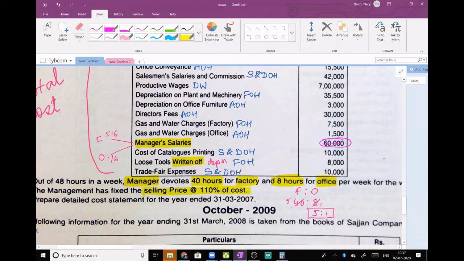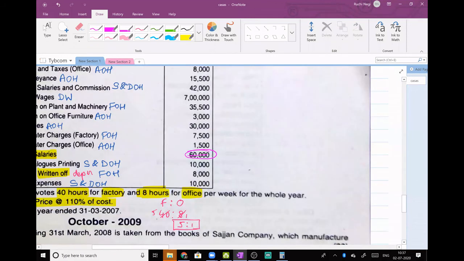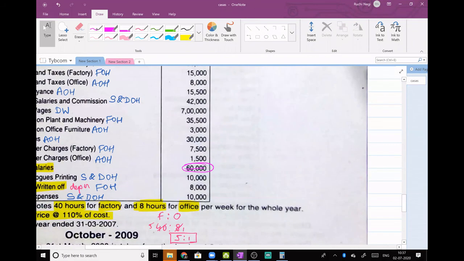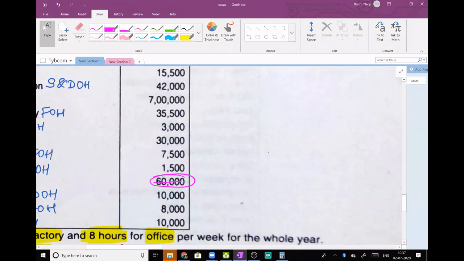Clear? Now, the objective of every chapter in cost accounting is this: cost plus profit is equal to sales. Every sum is this way, and the objective of the subject is also this. So what it is saying, 110% on cost.